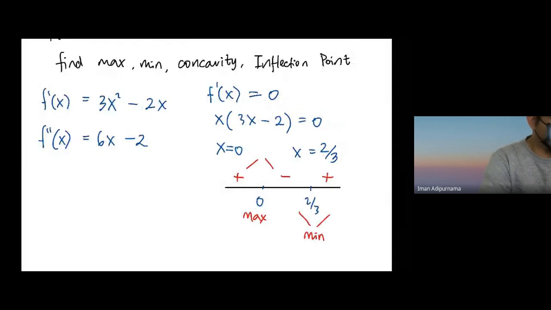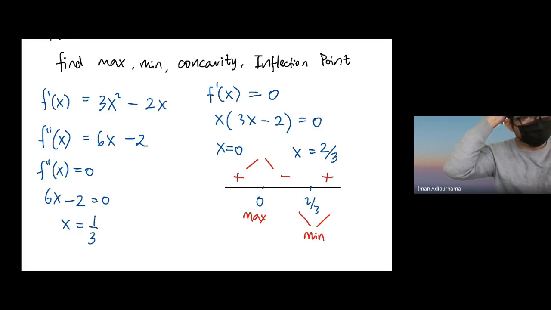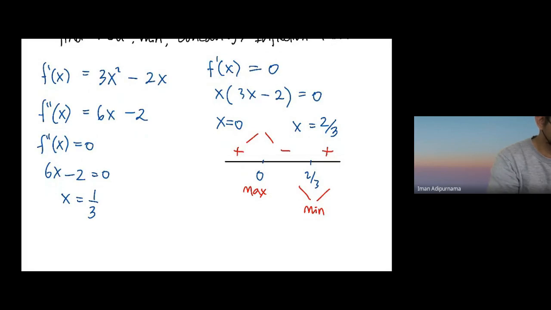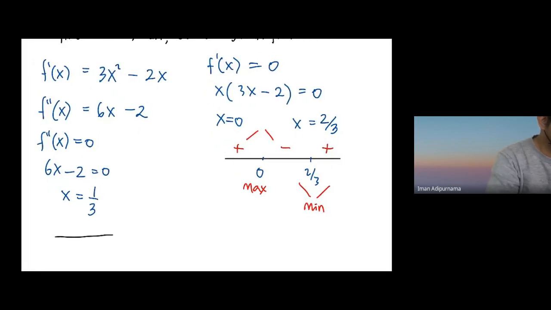For the second derivative, we can check when f double prime is equal to 0, then we have 6x minus 2 equals 0, so x will be 1/3, right? So probably this 1/3 here will be our inflection point, but we can check with some numbers.